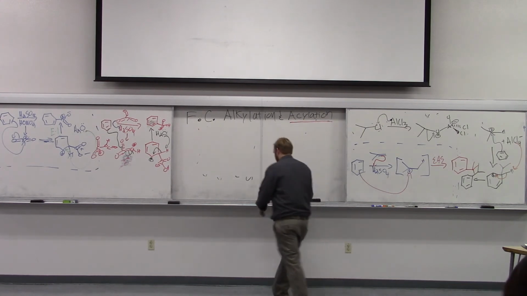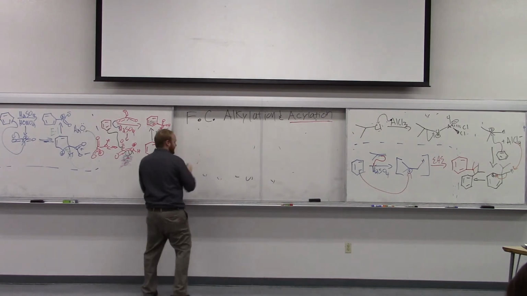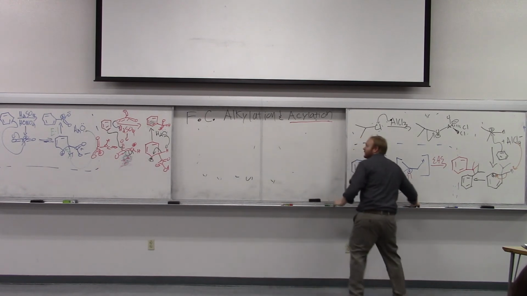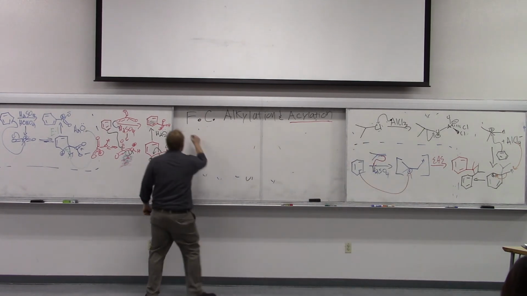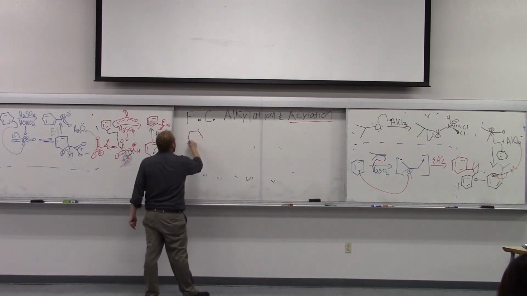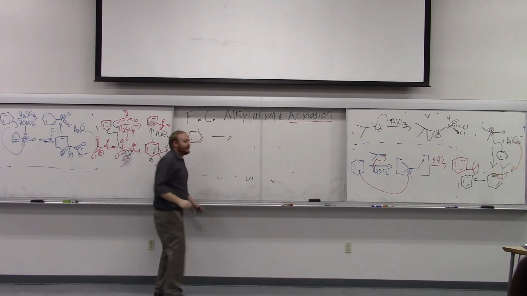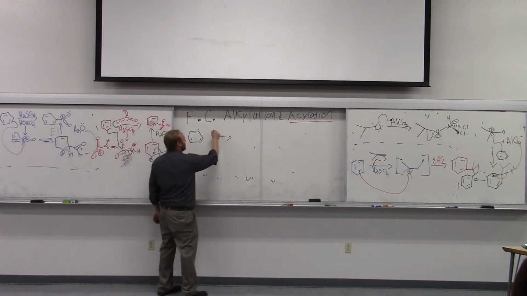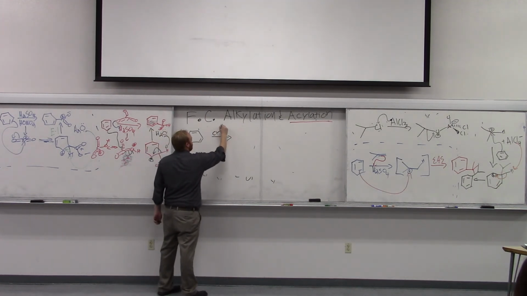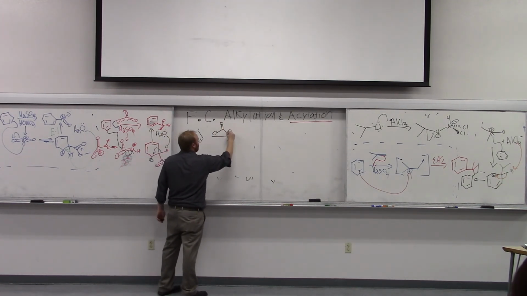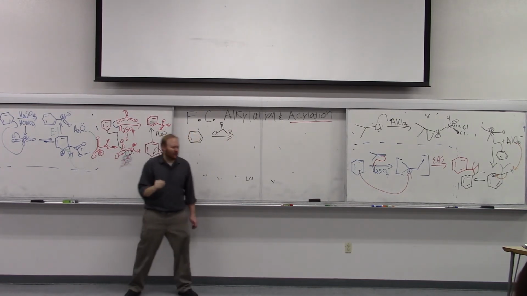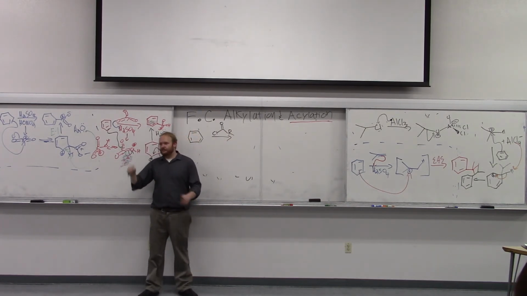acylation. And so in the Friedel-Crafts acylation, let me grab the black one. We take an acid chloride. We won't learn the details of acid chlorides until chapter 16 or 17.